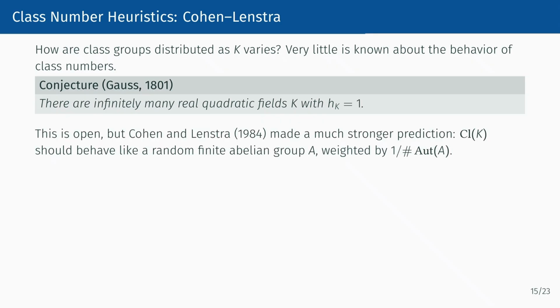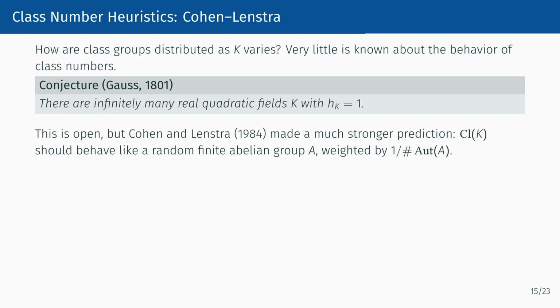Now, maybe the most significant step in this direction was made by Cohen and Lenstra, where they gave a much stronger prediction than Gauss. So instead of just stating that there are infinitely many, one can ask, how many are there? This is something more precise, and maybe will lead to better understanding.